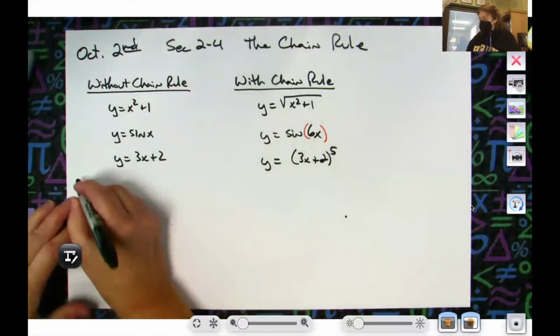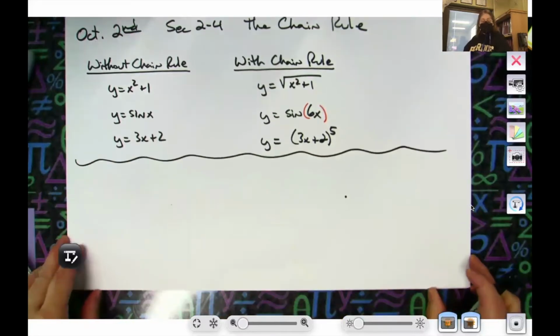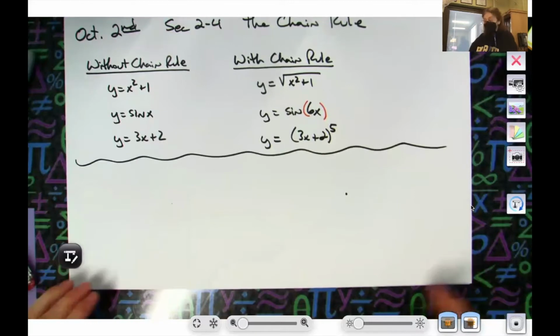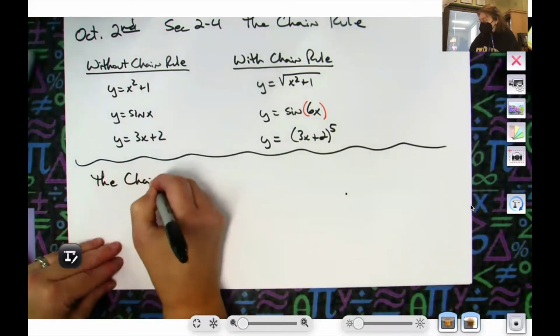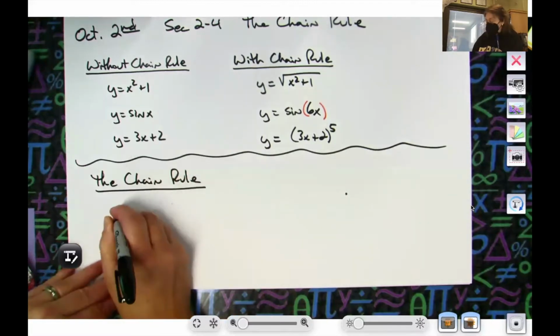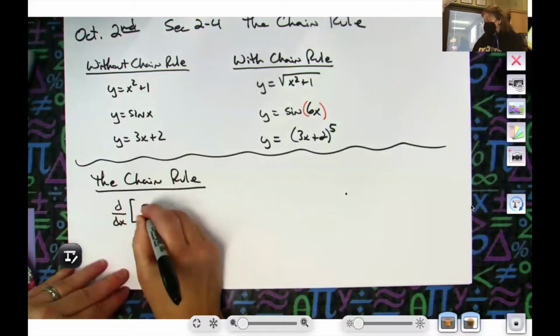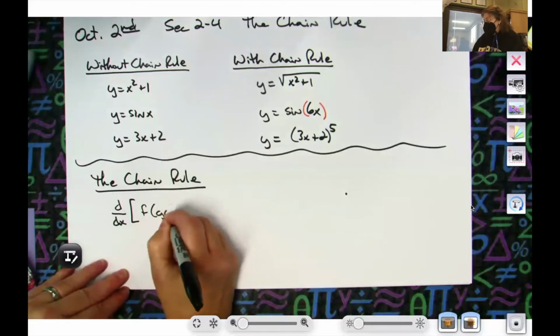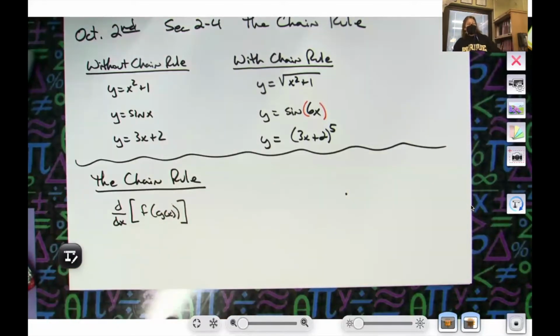Now let's introduce the chain rule. Again, I'm going to use some notation that you're going to see in your book. Let's say we're doing d dx, so we are taking the derivative of a composite function. It's going to look like f of g of x, using that function notation that we are used to.